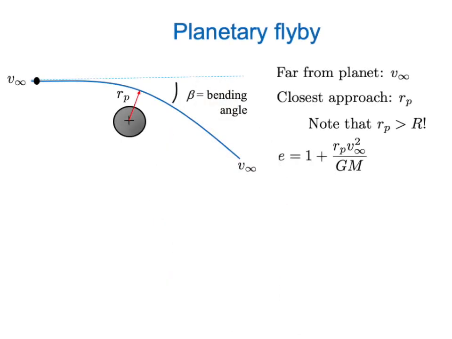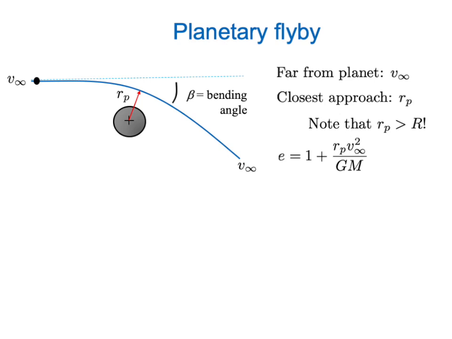Let's consider an important application of these ideas to spaceflight. We'll talk about the hyperbolic trajectory of a spacecraft that is flying past a distant planet. So here we go. Very far away, the spacecraft is flying at its asymptotic speed, and then it gets close to the planet, and two things happen.